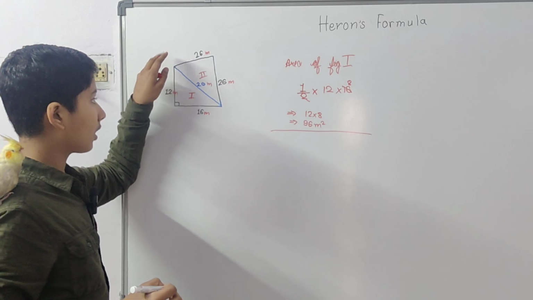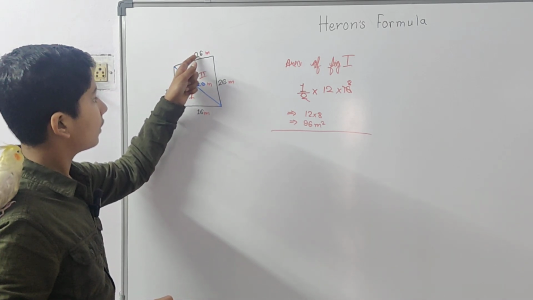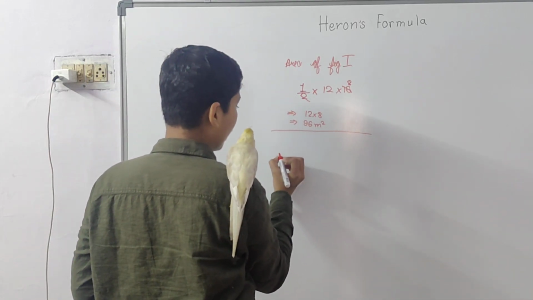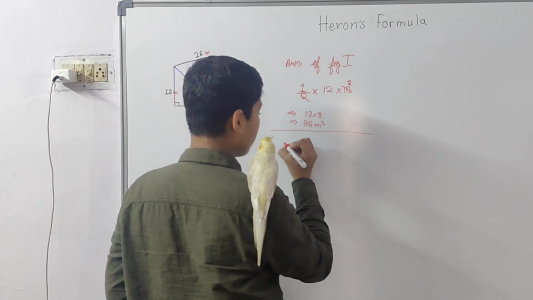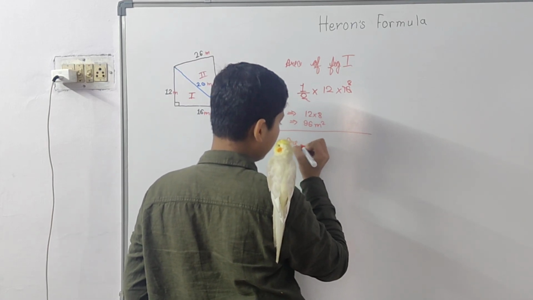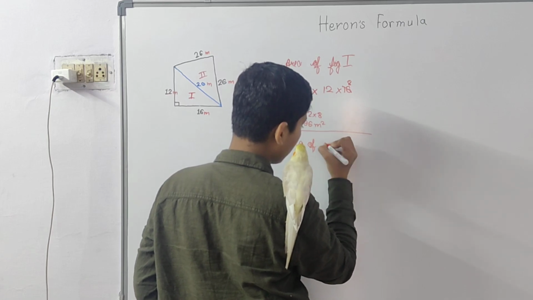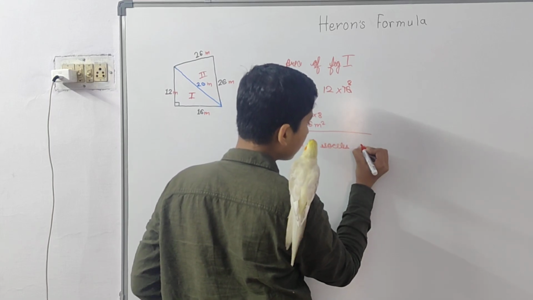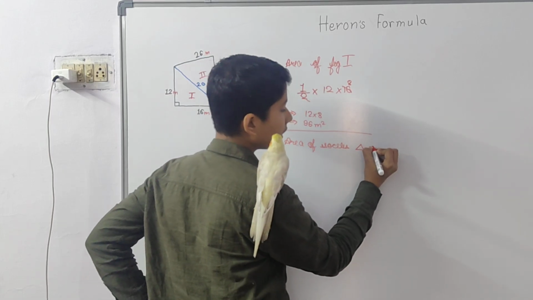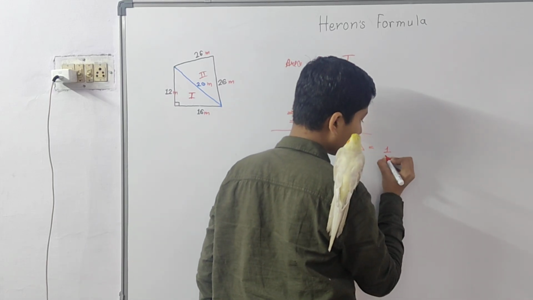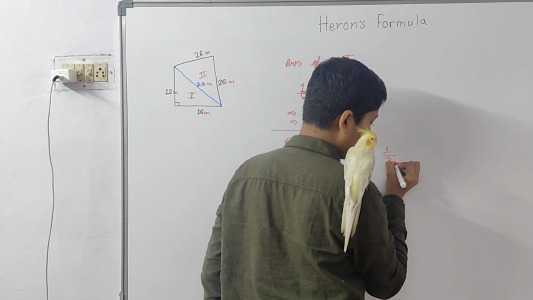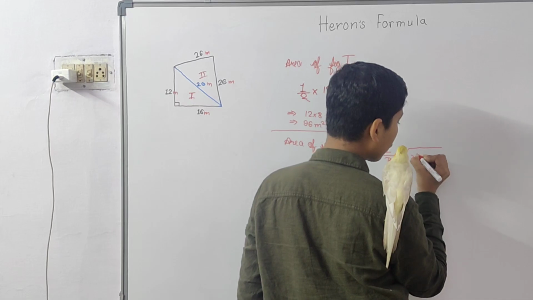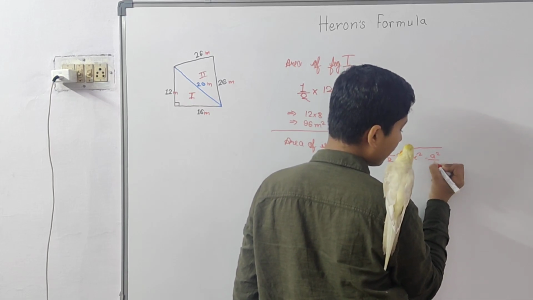Now if you see it correctly, the sides are 26 and 26, which is an isosceles triangle. So 26 is x, and we know the formula for the area of an isosceles triangle, which is half a root of x square minus a square divided by 4.